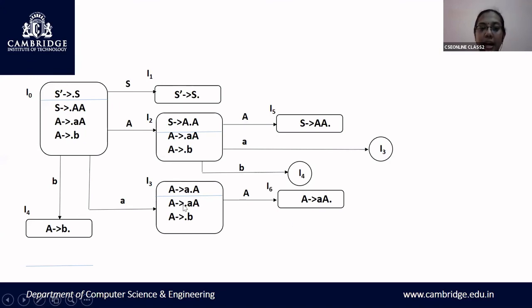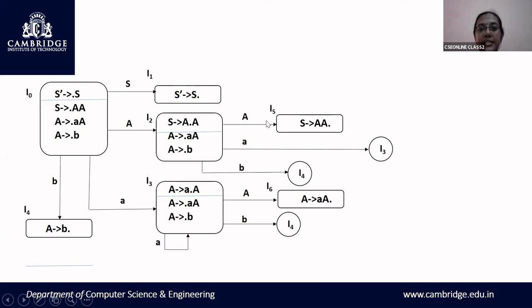Okay. Now again, the next production is on terminal A. On terminal A, I will be getting the same state I3. On B, it's same as that of I4, and on A it is same as that of I3. Okay.